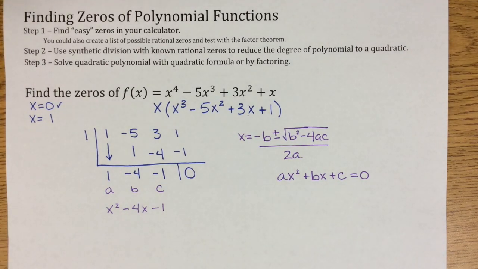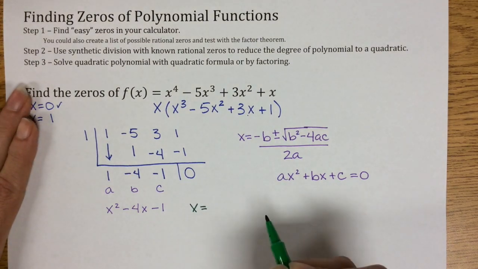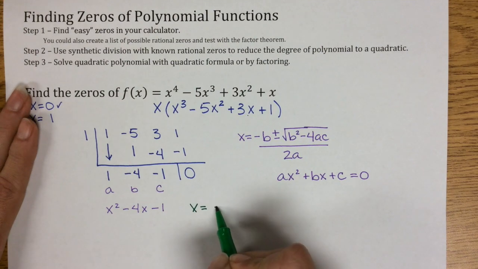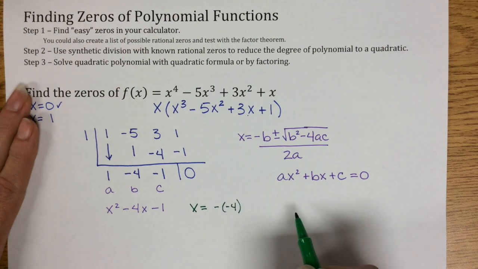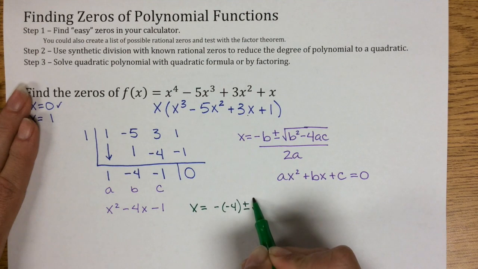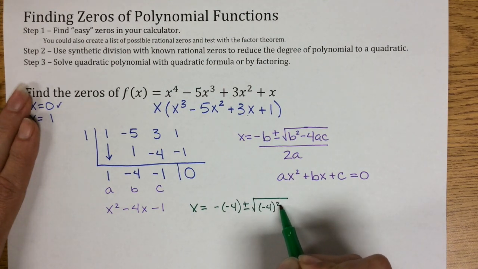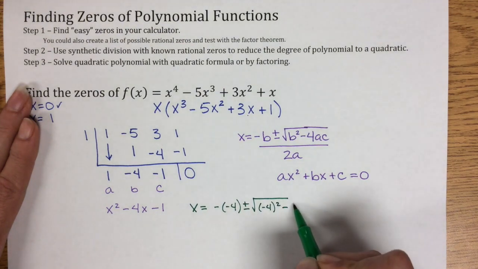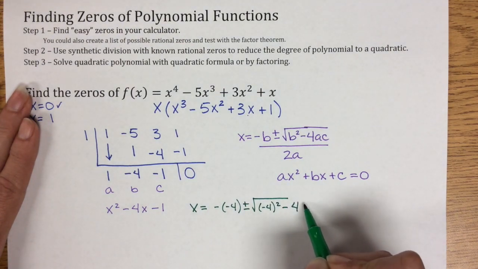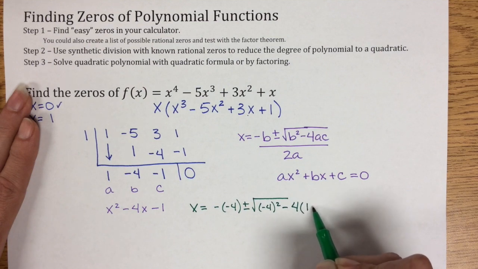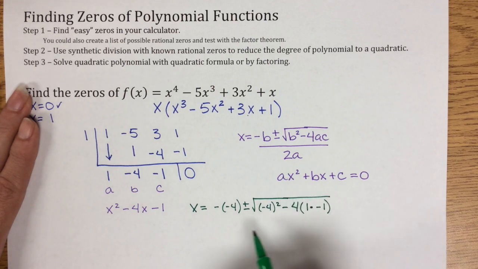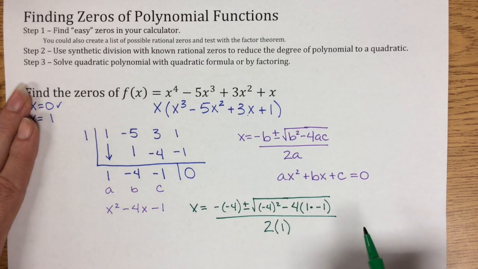Okay, so x equals -b. Here we go. X equals -(-4), plus or minus the square root of b squared. So that's negative 4 squared minus 4 times A times C, all over 2 times A. 2 times A, and that's 2 times 1.